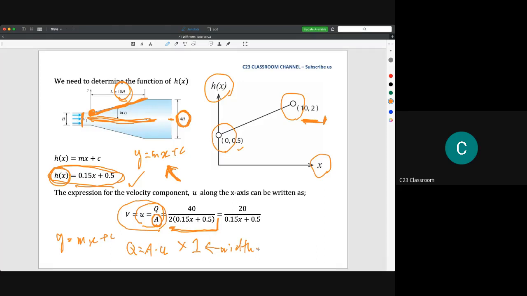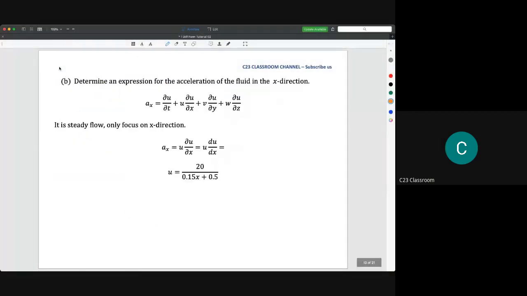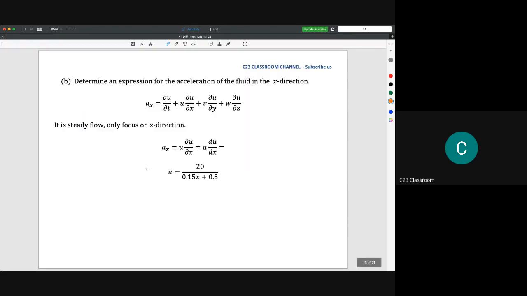Then we simplify the term, so we get this term. So this is the equation for the velocity along the x-axis.